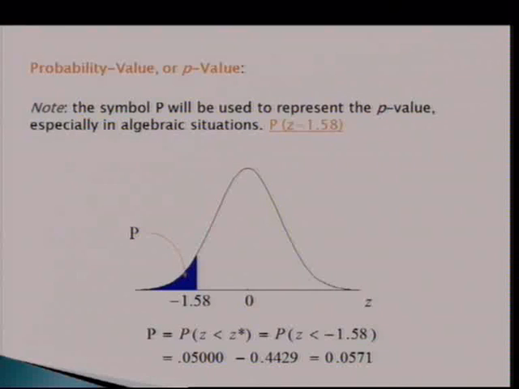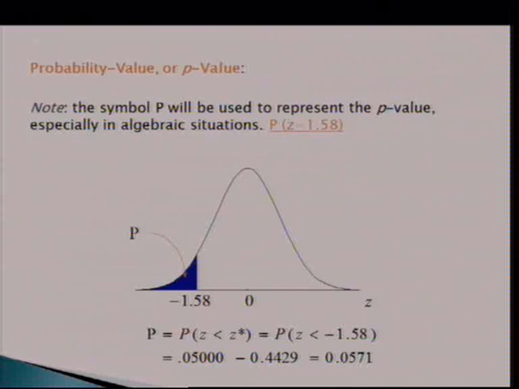Now how will we calculate the probability value or the p-value? Here the capital P will denote the p-value. It is a normal distribution. We have calculated Z star as minus 1.58.